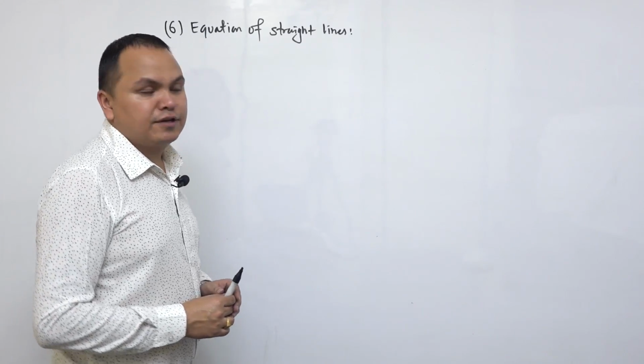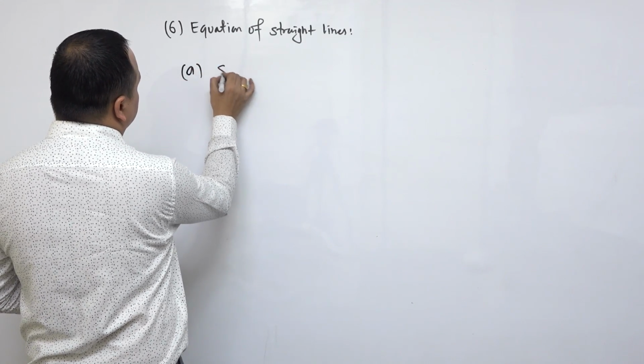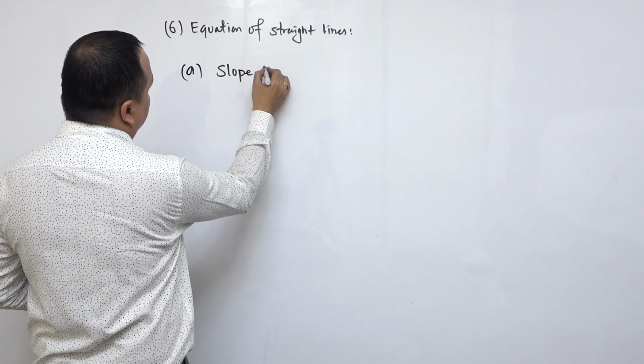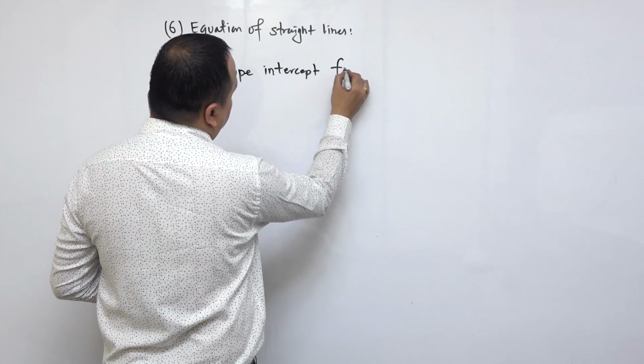Now, equation of straight lines. A. Slope intercept form.